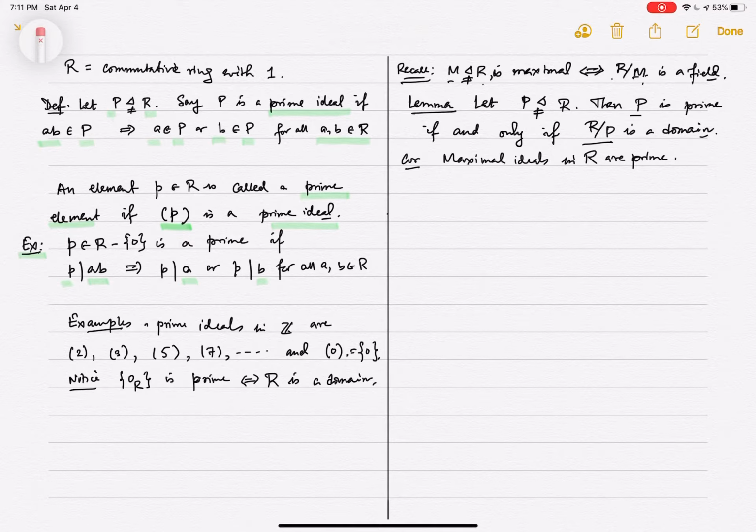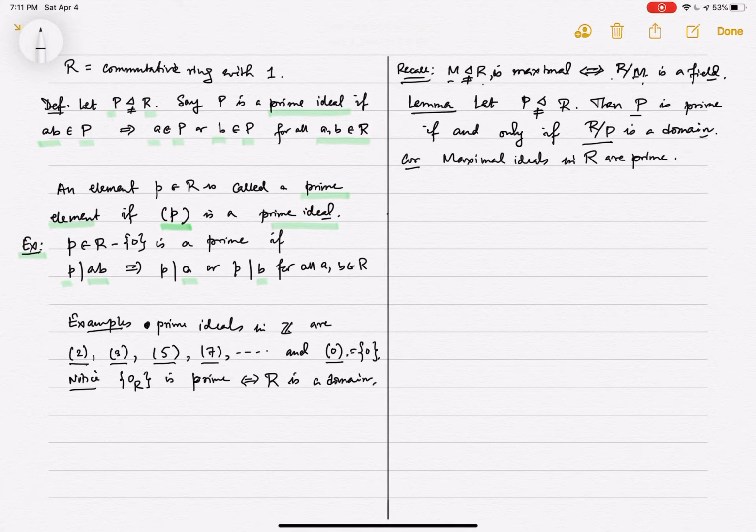Okay, so there's one prime ideal for each prime number, and then there is this prime ideal 0. All these guys are maximal, but this one is not, because this one is properly contained in any of these.